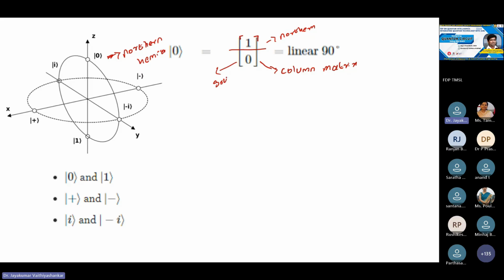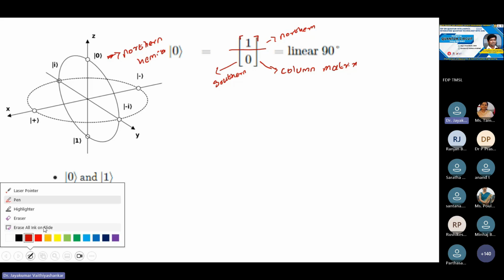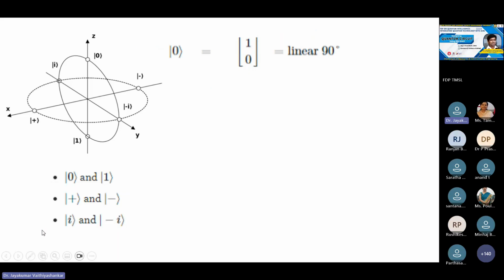Where stage 0 exists in the northern hemisphere, that is why we denote 1. 1 means yes, you can consider yes to represent stage 0. There is no relevance of state 1 in this quantum vector, so that is why we represent 0 for the southern hemisphere. So we try to map the physical quantity in a mathematical abstract way.